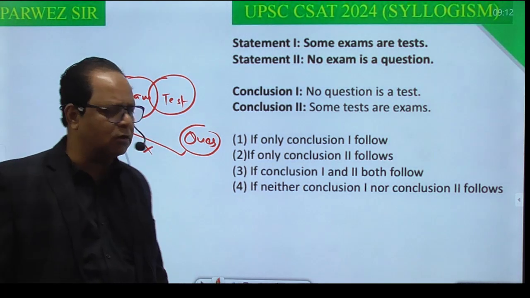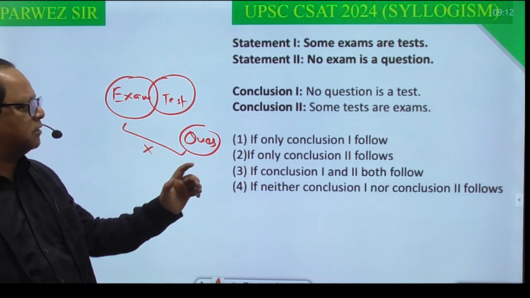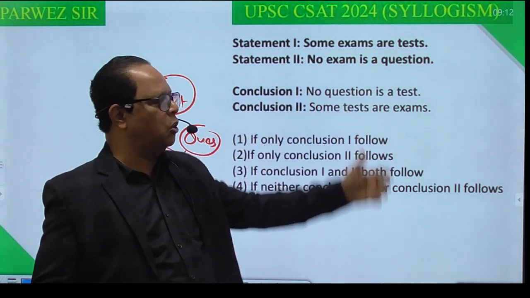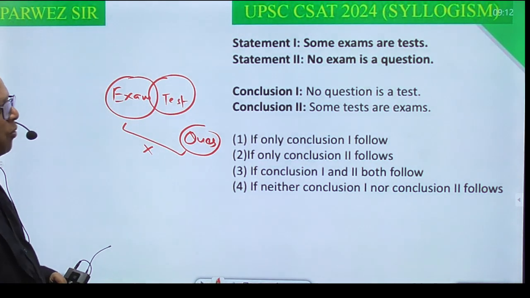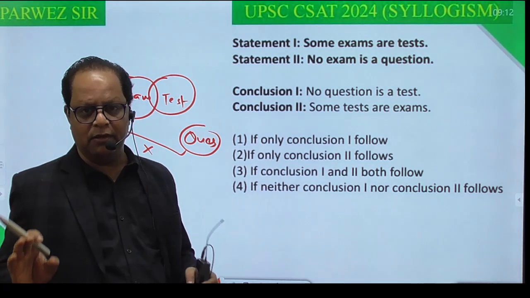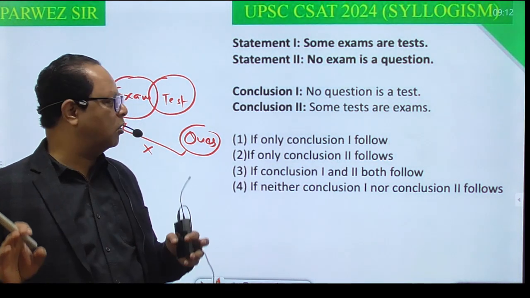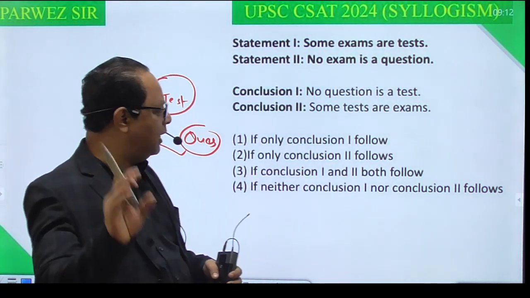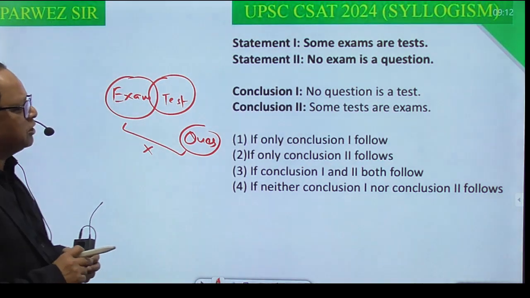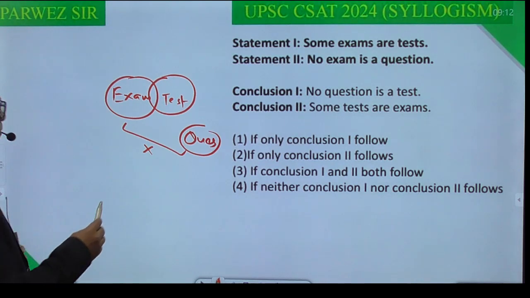We cannot connect exams with questions because the statement "no exam is a question" is given. Now the conclusion: no question is a test. We can't say that confidently, because here one more possibility is given.